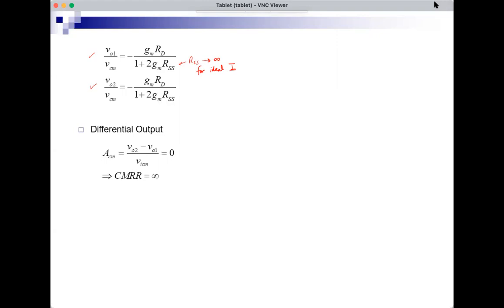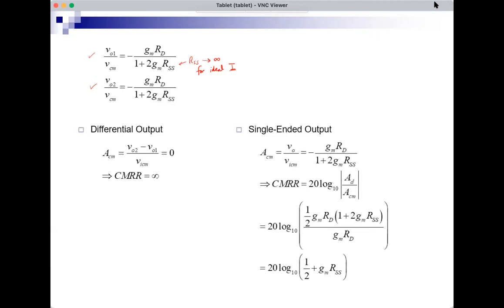If I have to take the output single-endedly for some reason, then that's fine, I will have some output. So that's the first non-ideality here. The non-ideal current source will cause an output to appear at the drain of each MOSFET. And the gain in this case is ACM, minus GM RD over 1 plus 2 GM RSS.